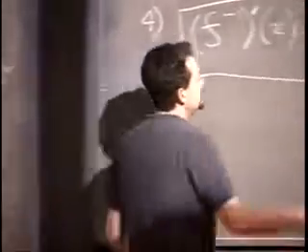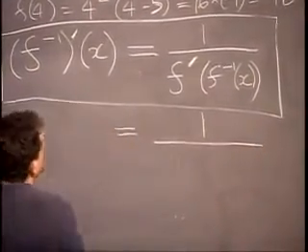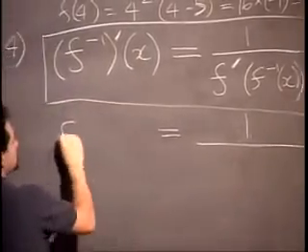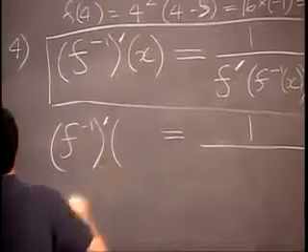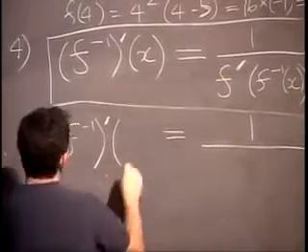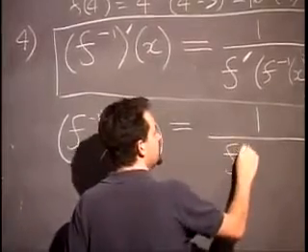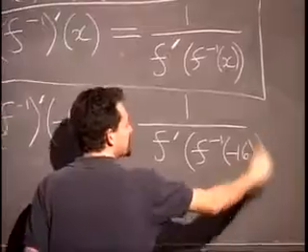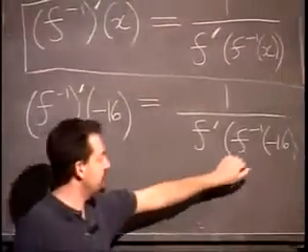So in our particular case, we want the derivative at, question says, minus 16. So this is 1 over f prime of f inverse of minus 16. So this is what we want, and this is how we're going to get it.